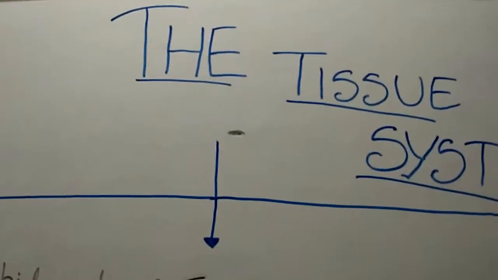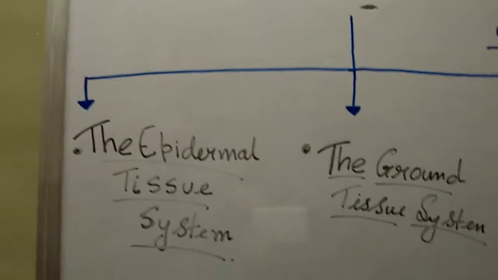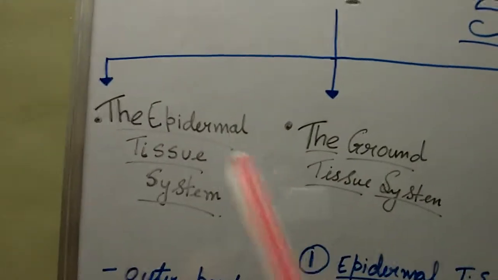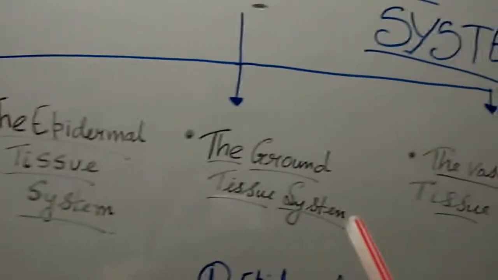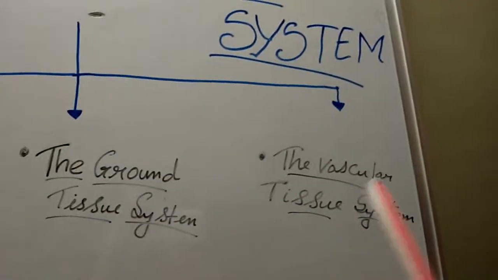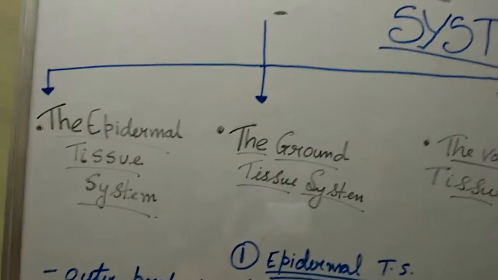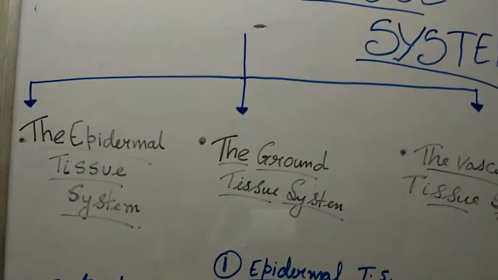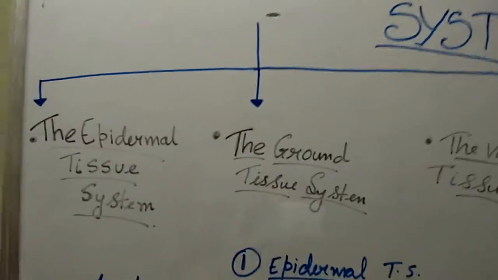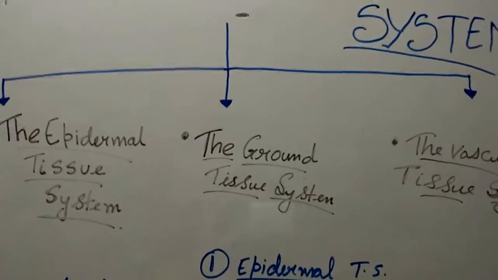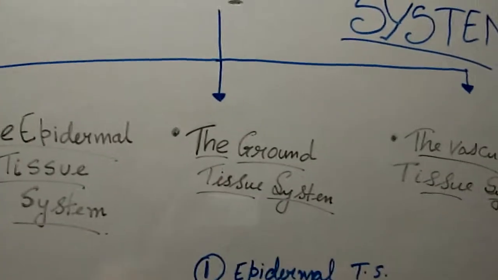So here we go. There are three main types of tissue systems, which are the epidermal tissue system, the ground tissue system, and the vascular tissue system. So many students I have observed, they generally get confused regarding these three types of tissue systems. They cannot differentiate them very clearly.